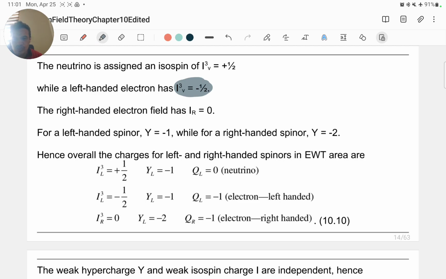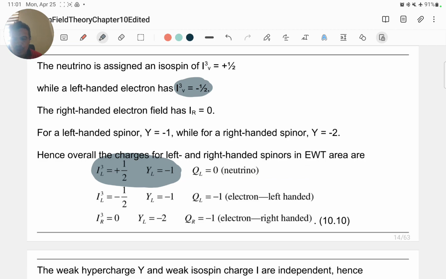Hence, overall, the charges of the left and right-handed spinors in the electroweak theory are as follows. For the neutrino, the charge is 0: I3 is 1/2 plus 1/2 of the hypercharge of negative 1, so that becomes 0.